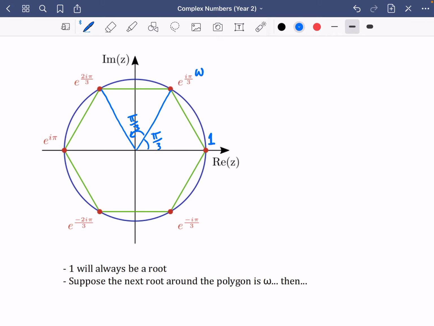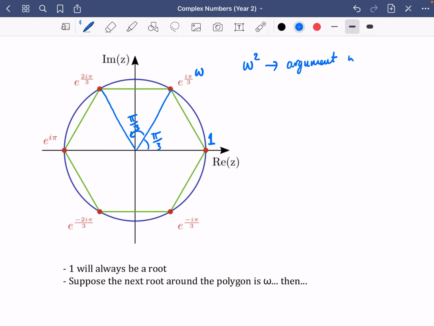Well, think about what happens with complex numbers. If I want to take this red dot and move it around the circle to get to the next one, if I multiply this complex number by the same complex number, in other words, if I do omega squared, I'm going to add the arguments.